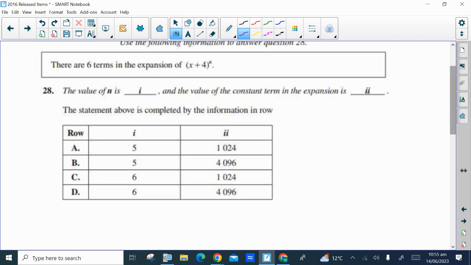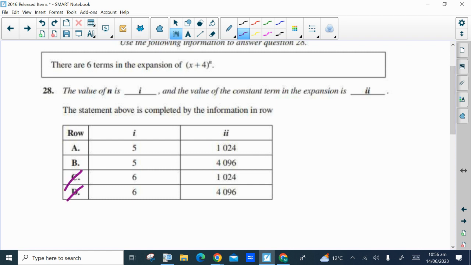There are 6 terms in the expansion of x plus 4 to the n. What is the value of n, and what is the value of the constant term in the expansion? Well, remember that the number of terms was always 1 more than n, or n is always 1 less than the number of terms. So if there are 6 terms, that means n has to be 5.